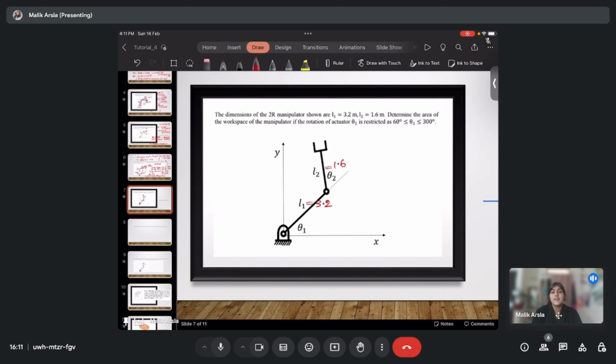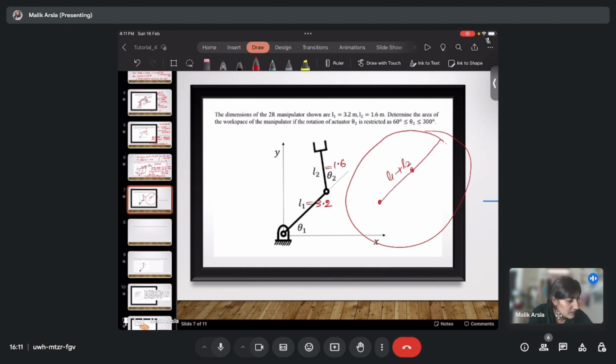See, if there were no restrictions, what we could do is say that when the end effector or the second link has been fully extended, this length will be L1 plus L2. So the workspace will be a circle of this radius.